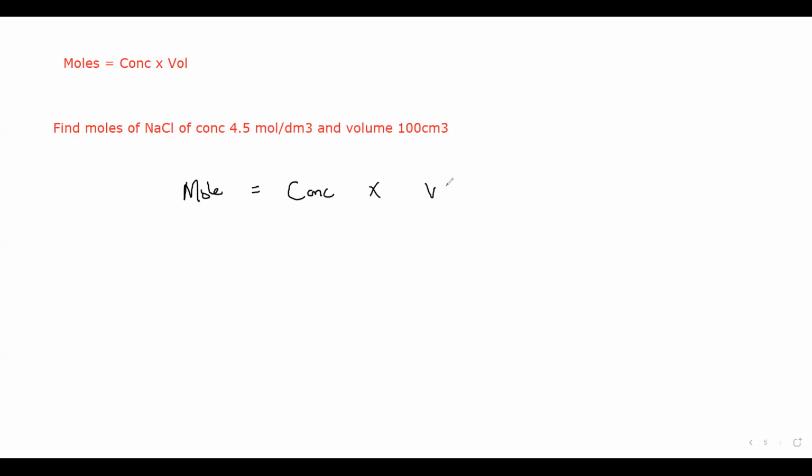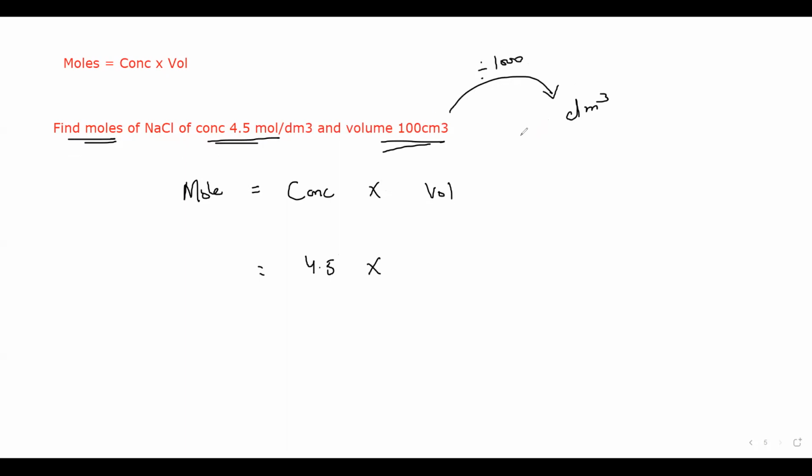The second formula is moles equal concentration multiplied by volume. We have to find moles. The concentration is 4.5. The volume is 100 cm cube, but we have to convert volume from cm cube to dm cube, so it should be divided by 1000.